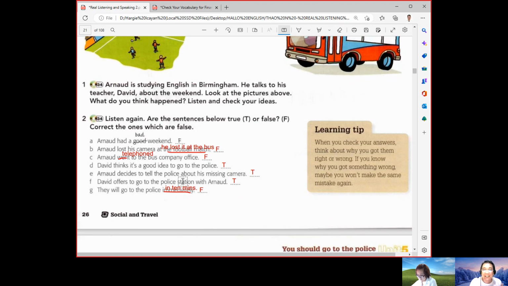So let's say if you are listening to something, you also have your eyes looking for the expressions in order for you to answer whether this one is true or false.